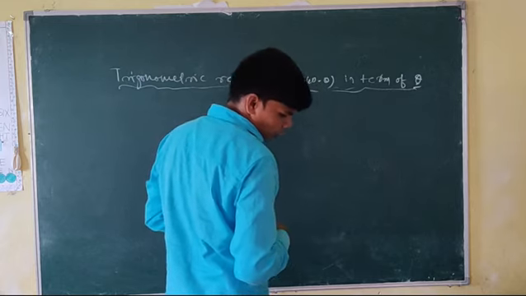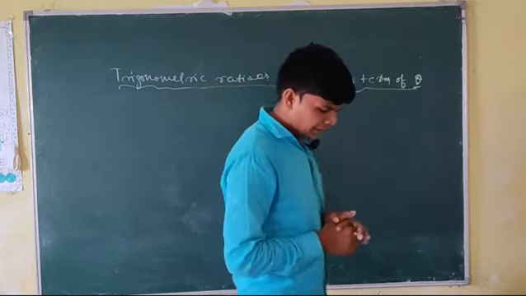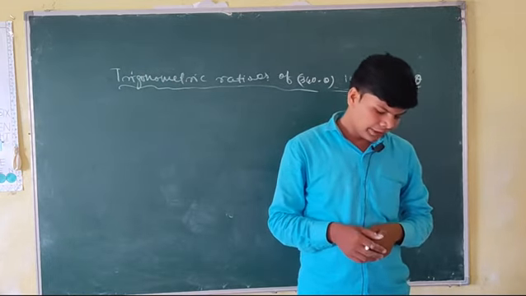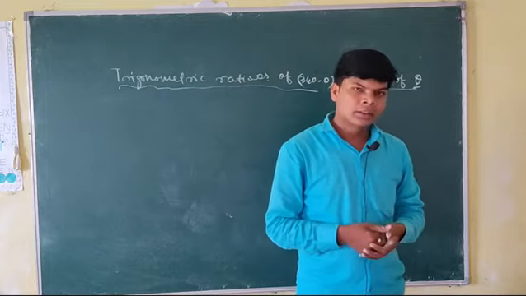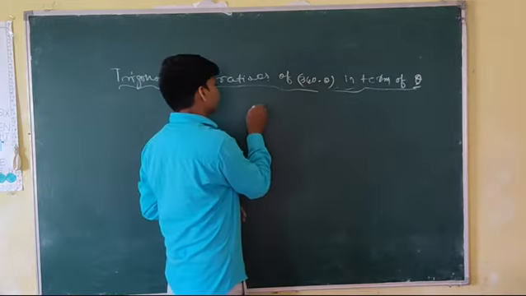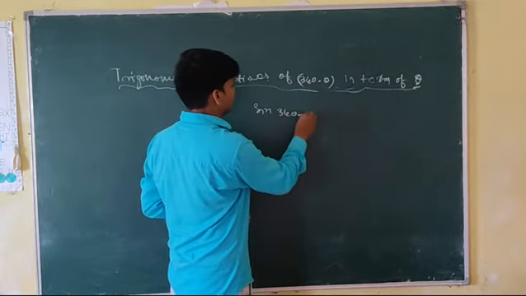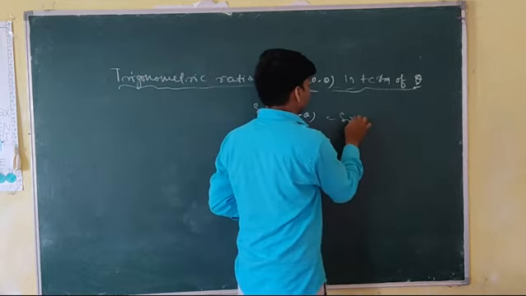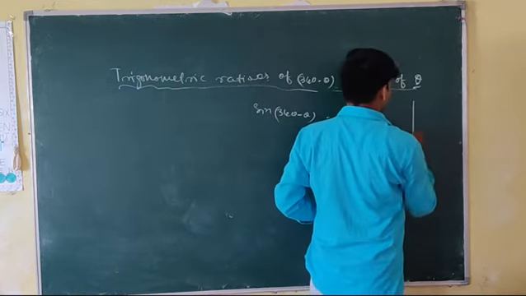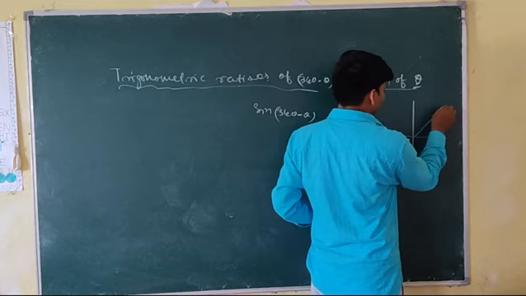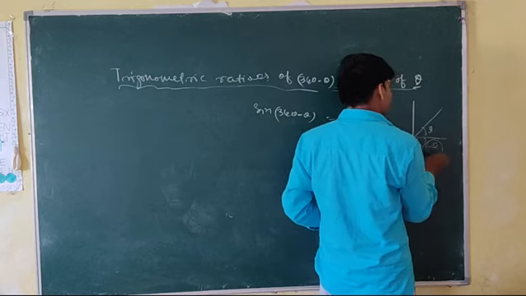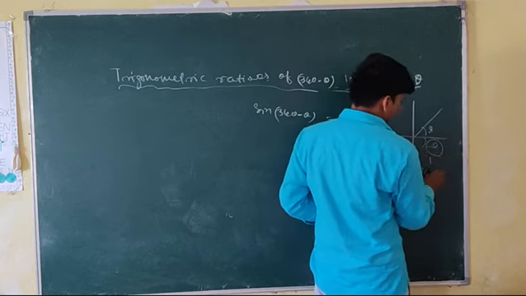Here the terminal sides of co-terminal angles coincide, hence the trigonometric ratios are the same. So sine of 360 minus theta is the same as sine of minus theta. Why? See, this is your Cartesian quadrant, an angle is there, this is theta, and this will be your minus theta. It will actually be 360 minus theta.